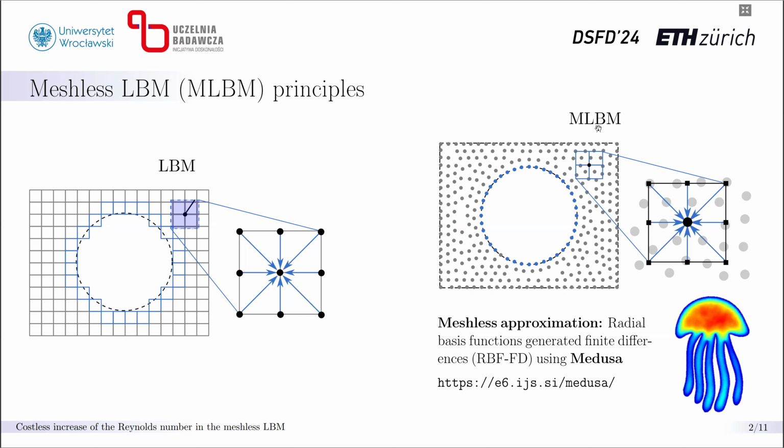In this way, we achieve the decoupling of space and velocity discretization. In the results that I'm going to show today, we use radial basis function generated finite differences for meshless approximation, which is implemented in Medusa library, and Lagrange interpolation whenever nodes are arranged on a regular lattice.